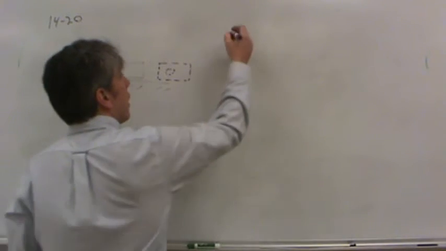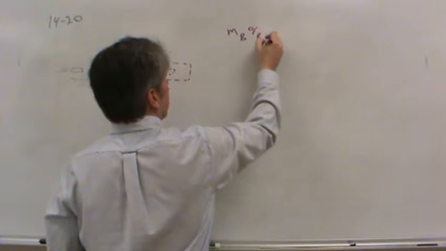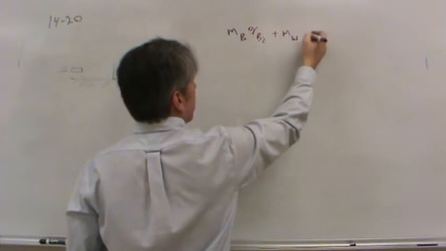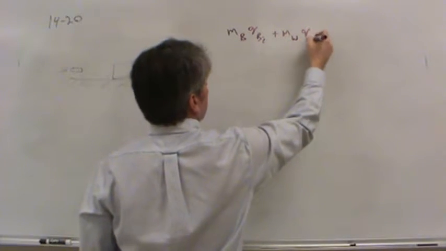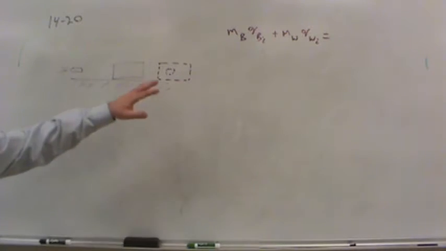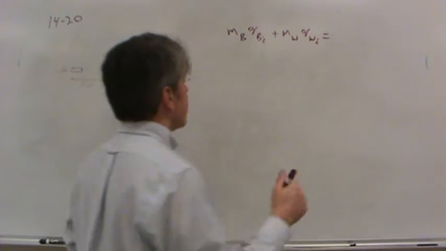So this would be mass of bullet times velocity of bullet initial plus mass of, I'm not going to use block, let me use W for wood, times velocity of wood initial equals, again, all the forces are internal to the system, right? There's force from the block on the bullet and the bullet onto the block. They're internal.